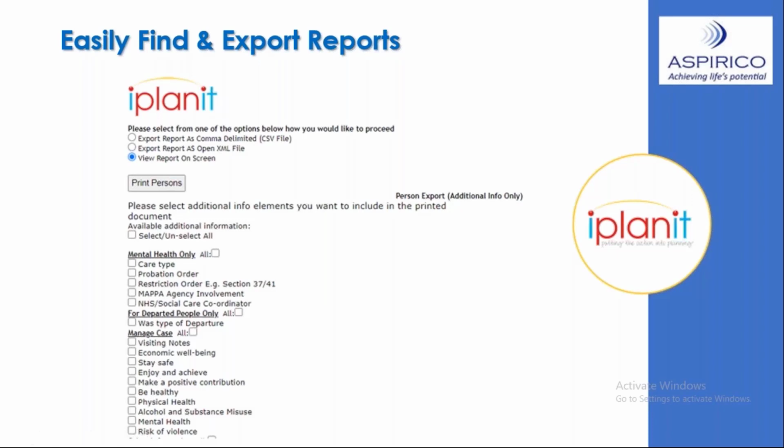To find what you'd like to report on, it's very easy. You just click the area that you're interested in, and you've got some choices up the top. You can bring it out on screen to view the report, or you can choose a number of different export functionalities to export your report and print your report as well.